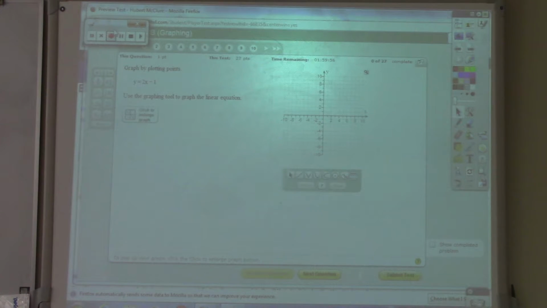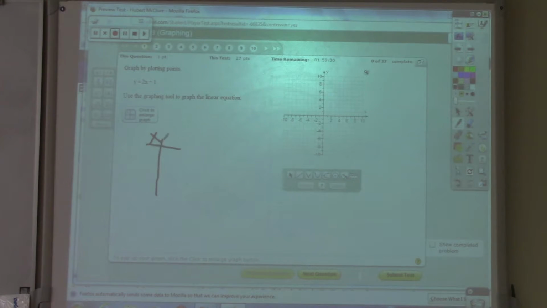Graph by plotting points. All right, which one of your methods tells you to graph by plotting points? Method 1, method 2, or method 3? Method 1. So you have to do this one by method 1. So, you draw your handy-dandy chart. Is it a fraction?